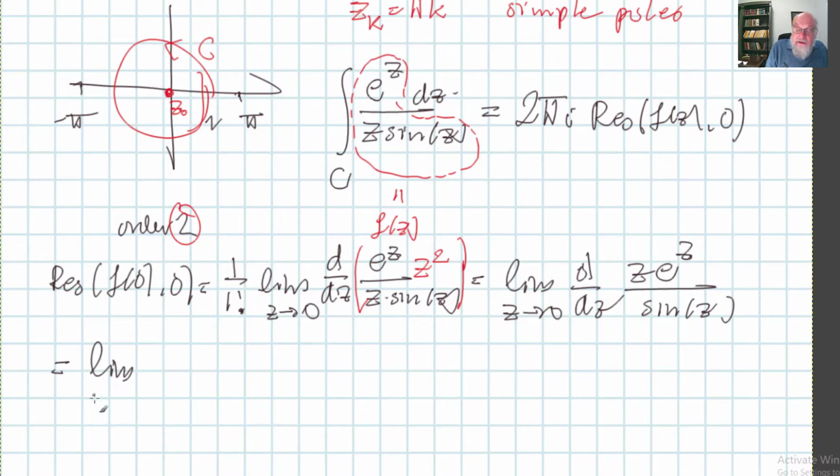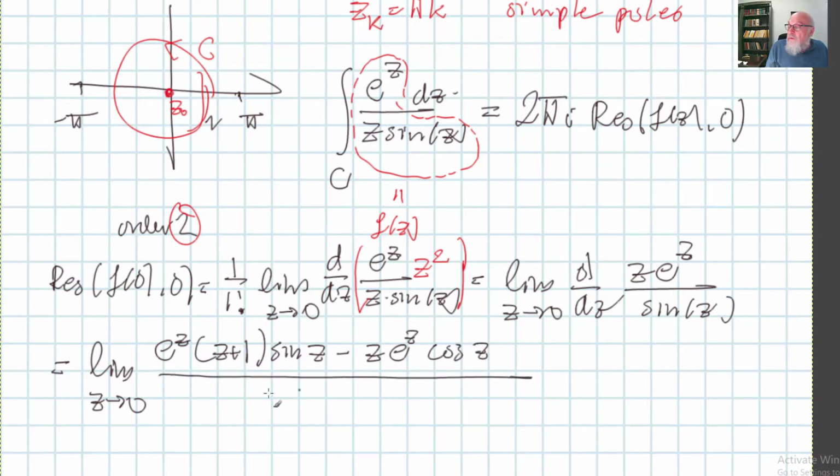Let's do it. What do I get? The numerator is e^z (z+1) sine of z, and you just check if the derivative that I am writing here, cosine z, is computed correctly.